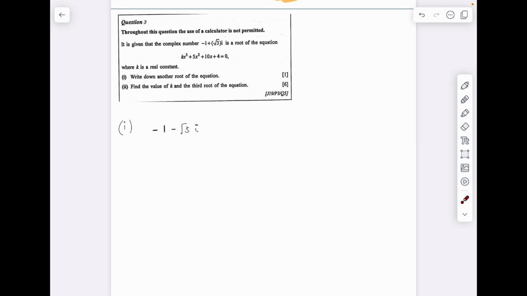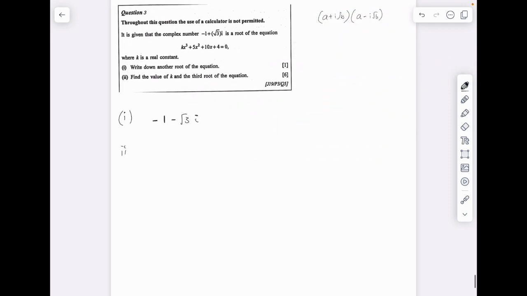Why? Because when it comes to the roots of the equations, it's always going to be a plus i root b and a minus i root b. That's standard. Now we get to the real stuff. So let me hide this a little bit.